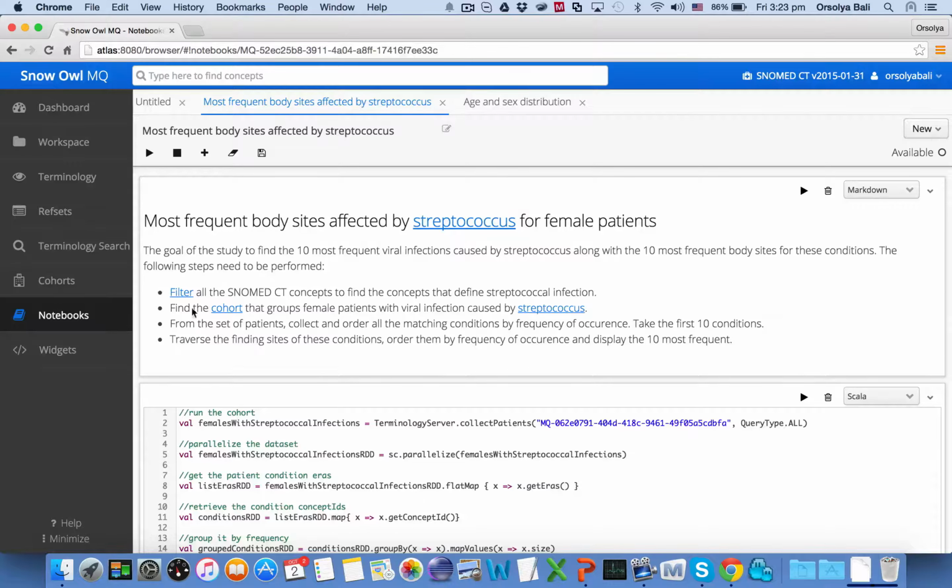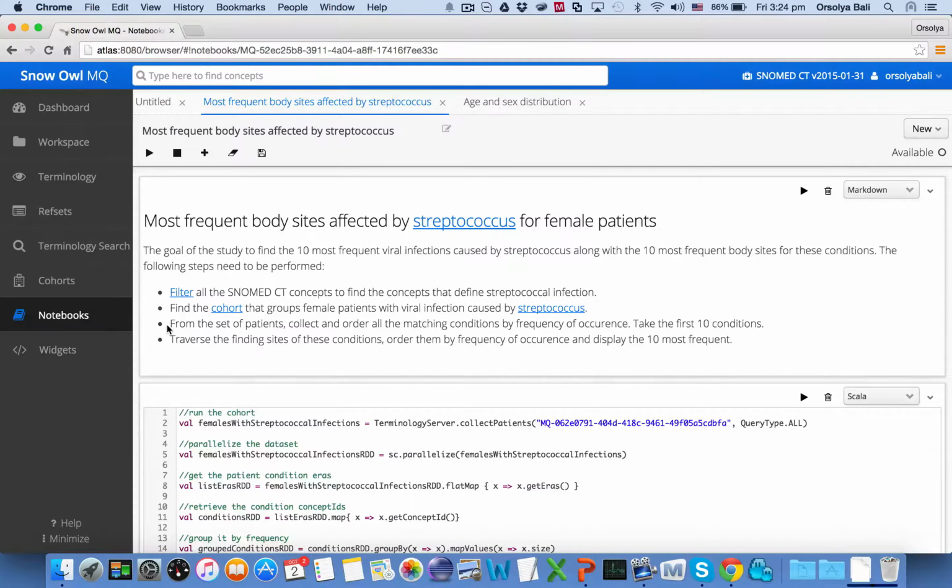And what we did already, we filtered the SNOMED CT concepts to find the right set of concepts that describe streptococcal infection. We built the cohort of the female patients that were infected by streptococcal bacteria, and the next 2 steps are the steps that are to be executed using this notebook.